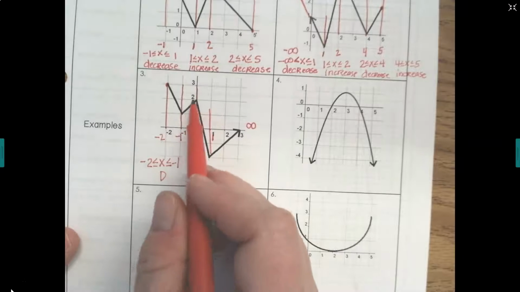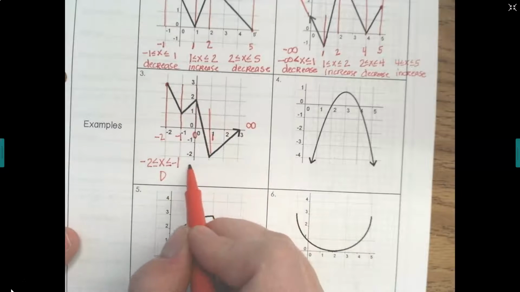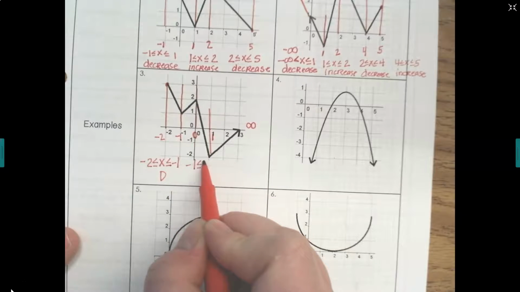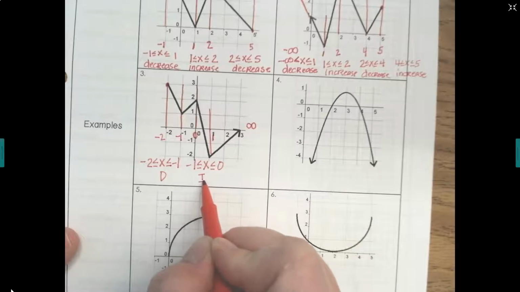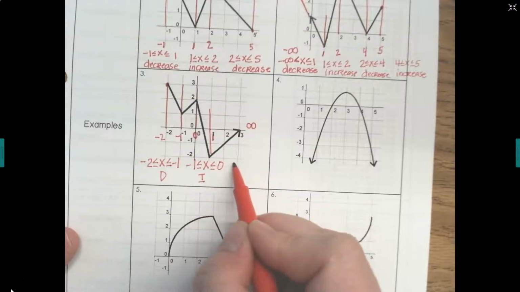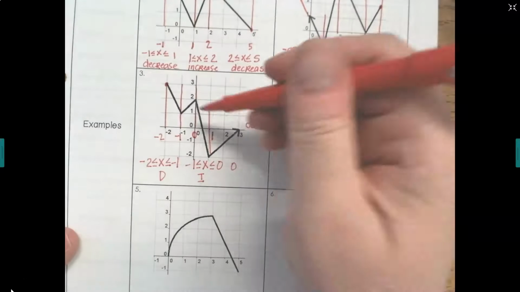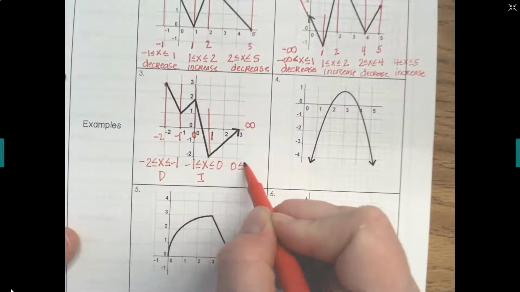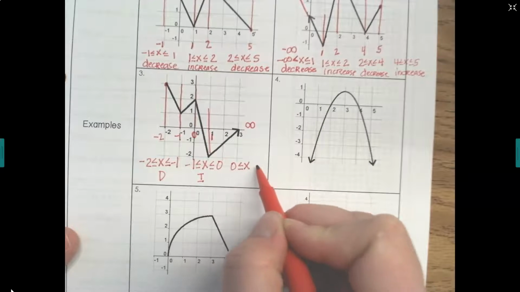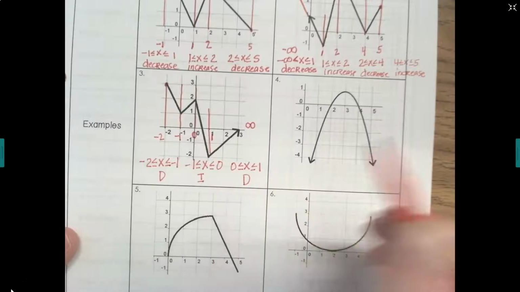At negative 1, we start to increase until we get to 0. So negative 1 is less than or equal to x, which is less than or equal to 0 is where we're going to increase. And then at 0, we start going back down again until we get to where x is 1. So 0 is less than or equal to x, which is less than or equal to 1, and we're decreasing there.